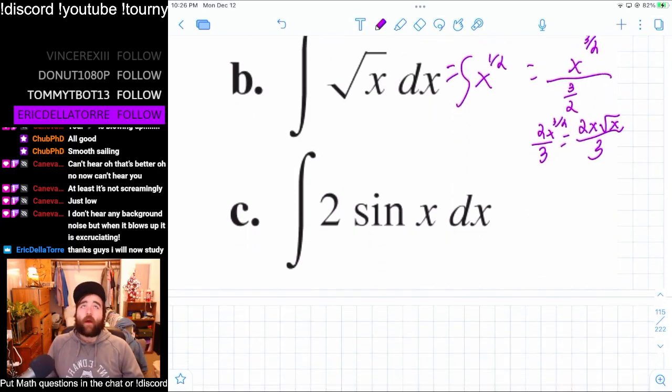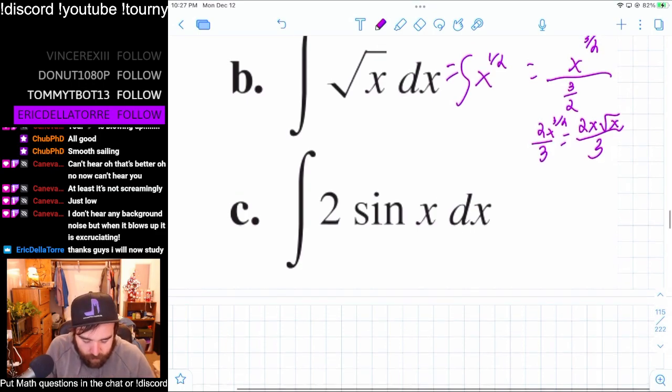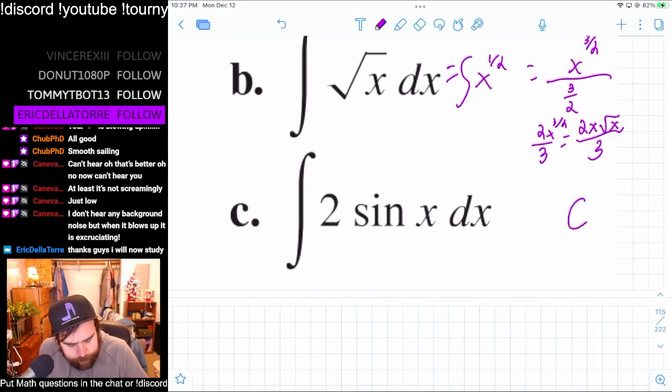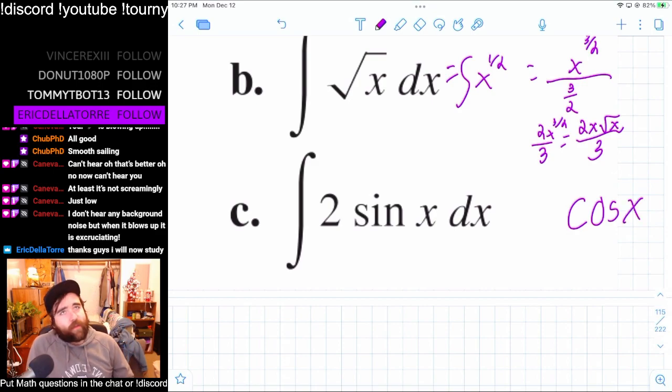Next, so this isn't the power rule, but we just have to think, what function do we take the derivative of and get sine? Well, it's definitely cosine, right? Except when we take the derivative of cosine, we get negative sine. But here we're getting a positive sine.